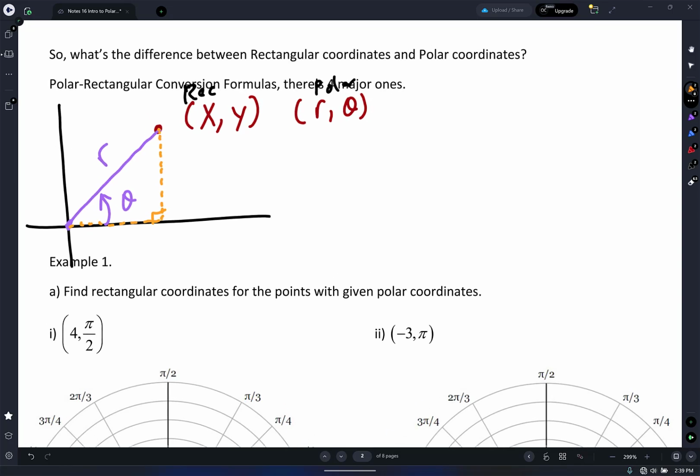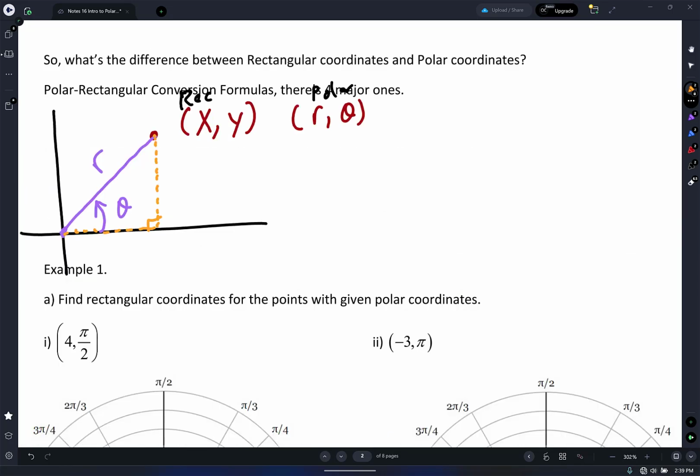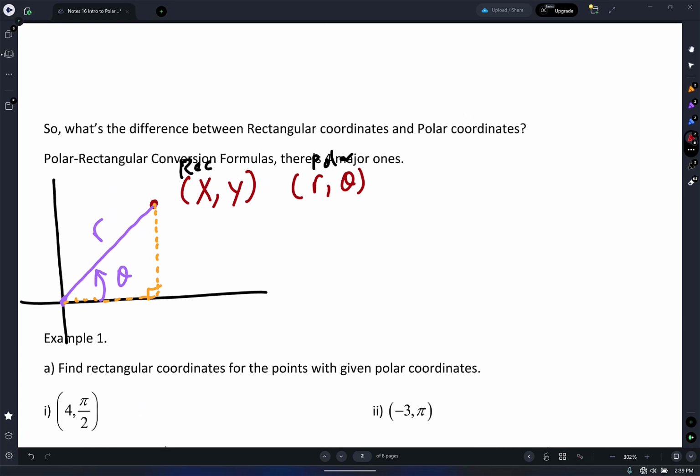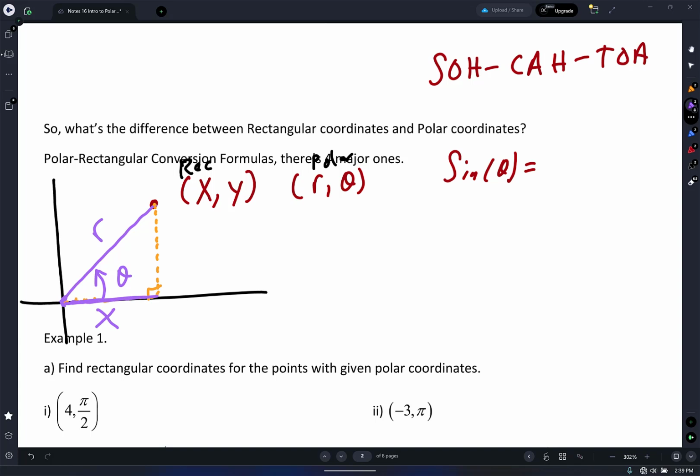We're going to do the same stuff that we did last year with the unit circle. I'm going to put SOHCAHTOA here on the top. According to this acronym, sine of theta is equal to opposite over hypotenuse. My horizontal displacement here is an x value, and my vertical displacement here is a y value.